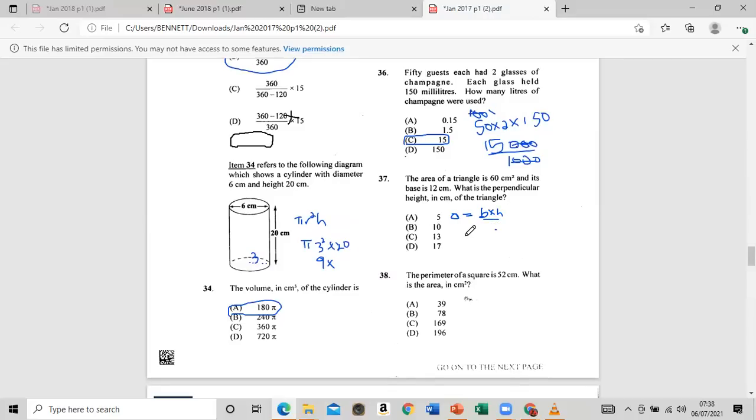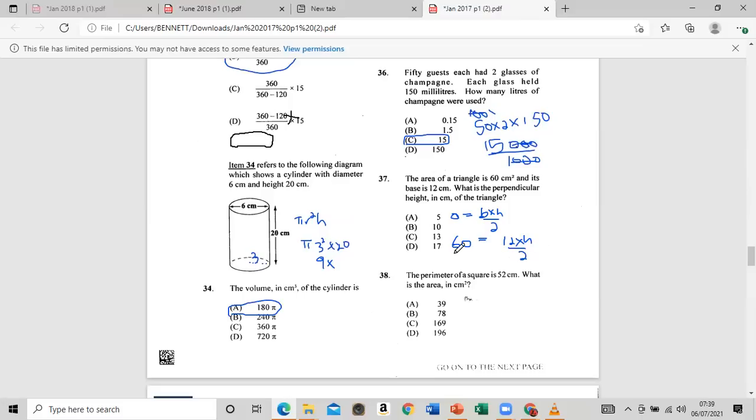So the area is 60, and that is equal to 12 times height divided by 2, right?